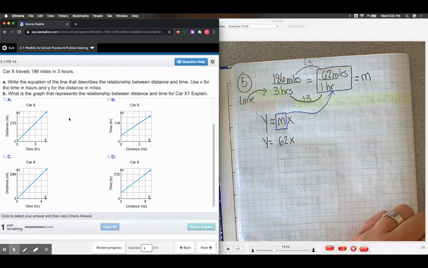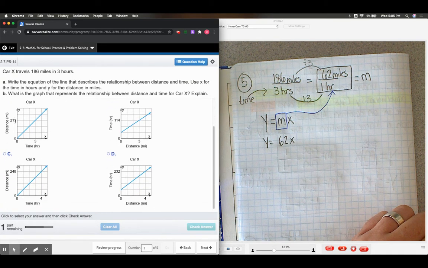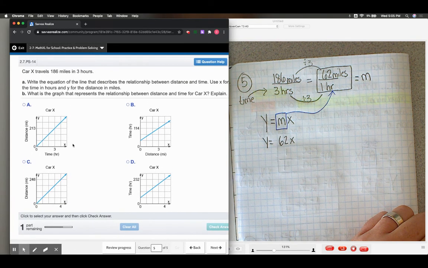And now we've got one part left to end this lesson. Now we know this equation. We're going to try to connect it to the graph. Which is the correct graph below? So let's do a little process of elimination here, right? Hopefully you can tell I don't like A, because look at 3 hours, 186 miles, 3 hours, 213.